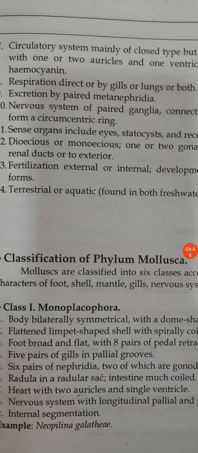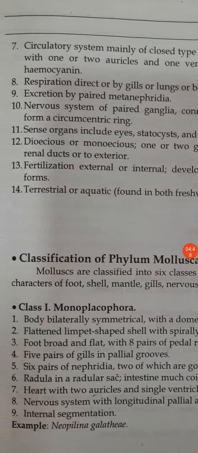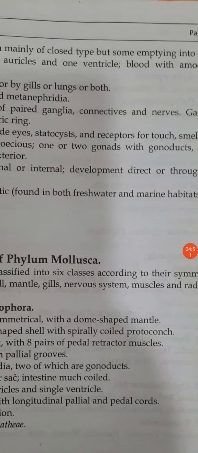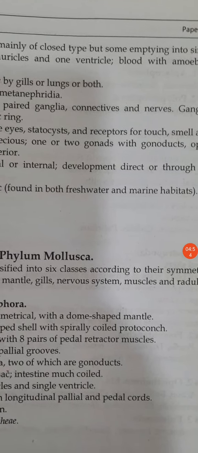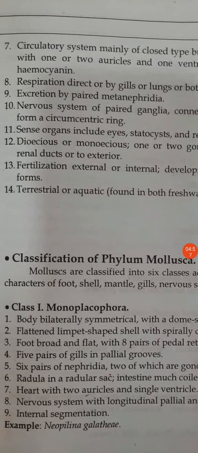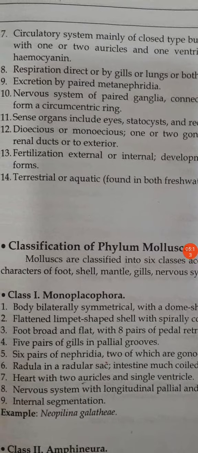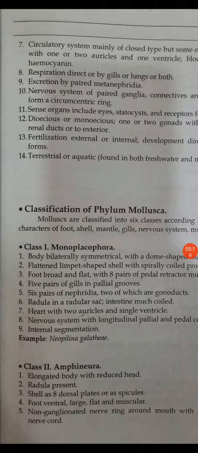Excretion by paired metanephridia. The nervous system has paired ganglia, connectives and nerves. Ganglia usually form a circumoesophageal ring. So the nervous system is in the form of a ring inside the body. Sense organs include eyes, statocyst, and receptors for touch, smell, and taste. Then these animals are dioecious or monoecious, with one or two gonads with gonoducts opening into the renal ducts or to the exterior.